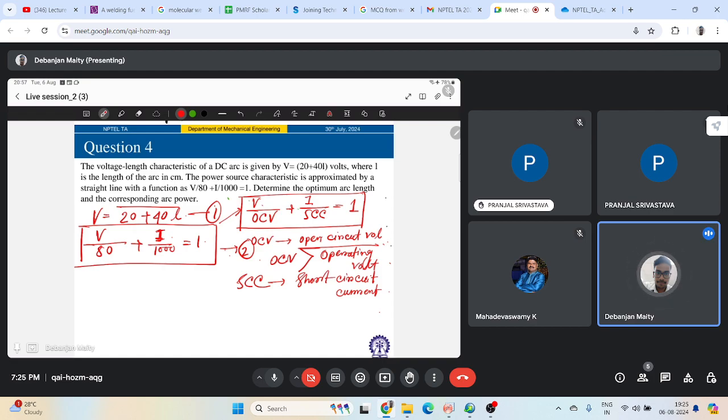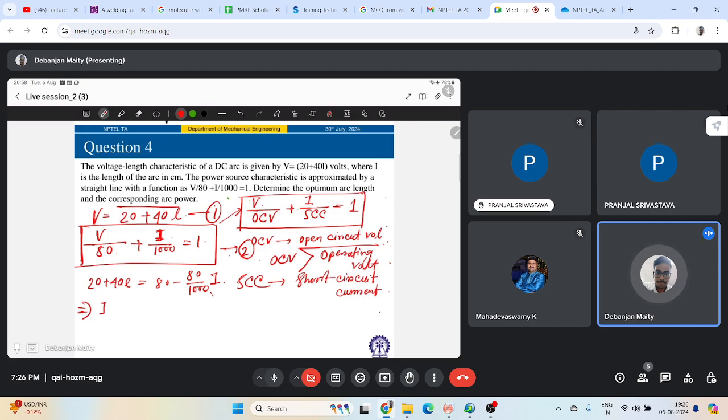Yes. If my V is 20 plus 40 L and one equation is this, I can write 20 plus 40 L is equal to 80 minus 80 by 1000 into I. I have just taken the left hand side to the right hand side and equated the two voltages.